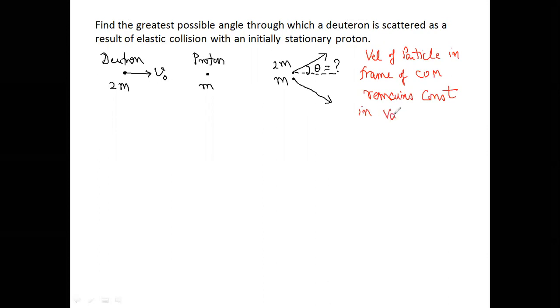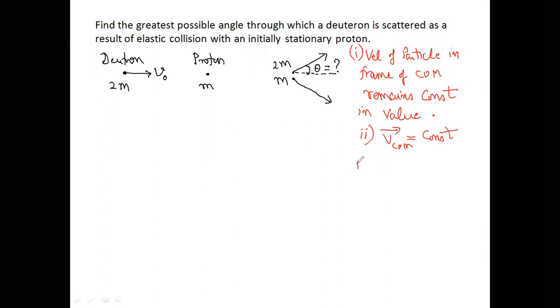It can change the direction part, but it cannot change the value part. The second concept is that the velocity of center of mass as a vector remains conserved by the conservation of linear momentum. So these two principles we will use.